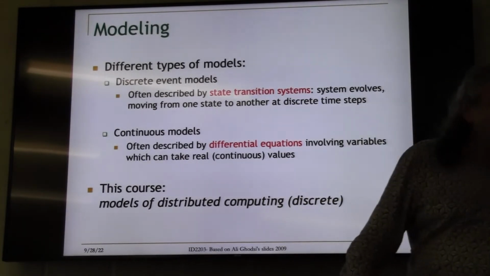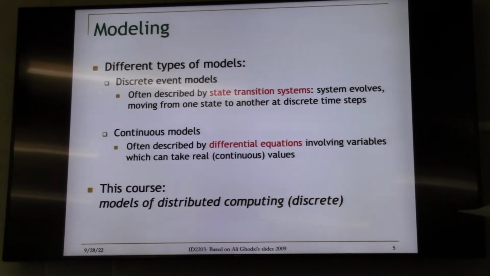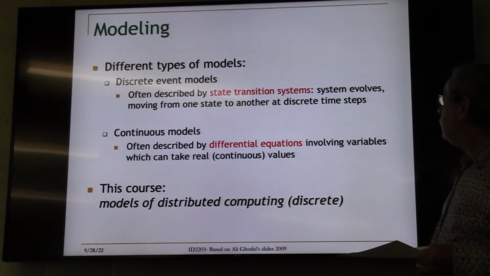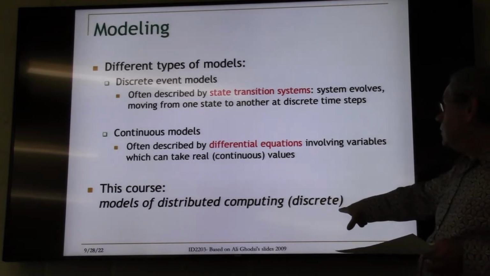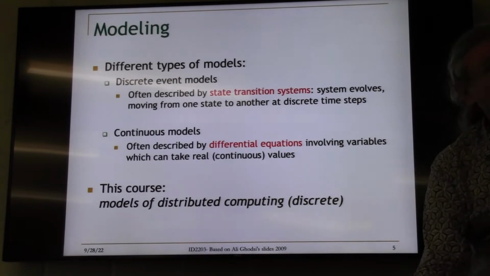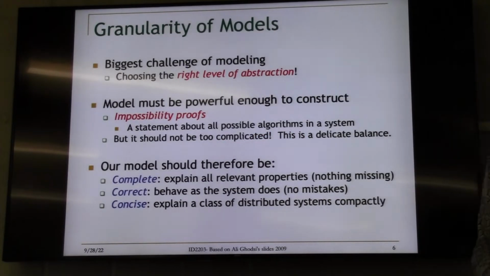But in this course, I will not talk about differential equations. In fact, you will learn a whole different way of modeling, a way that is maybe not enough emphasized, discrete. So a distributed computing system, we will assume it's a discrete system, okay?